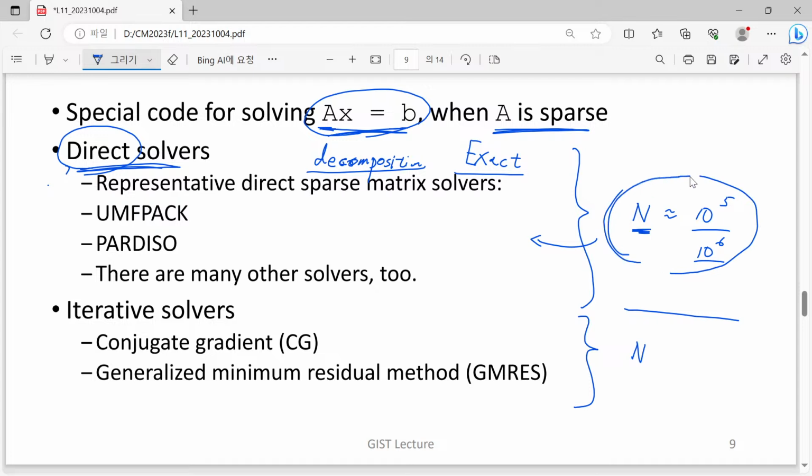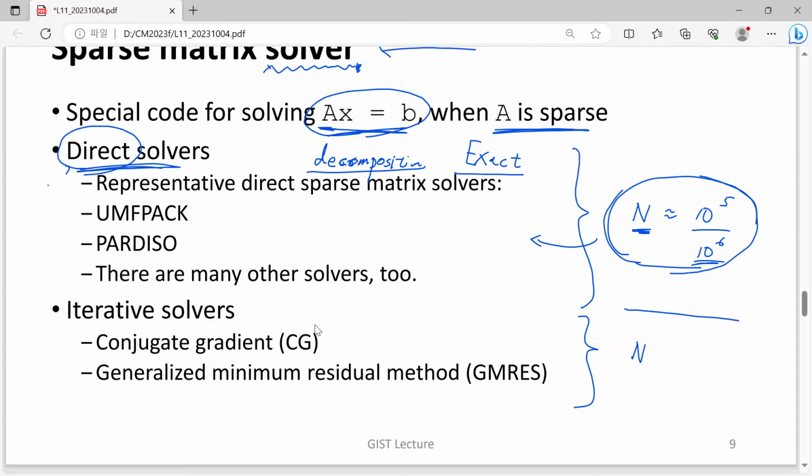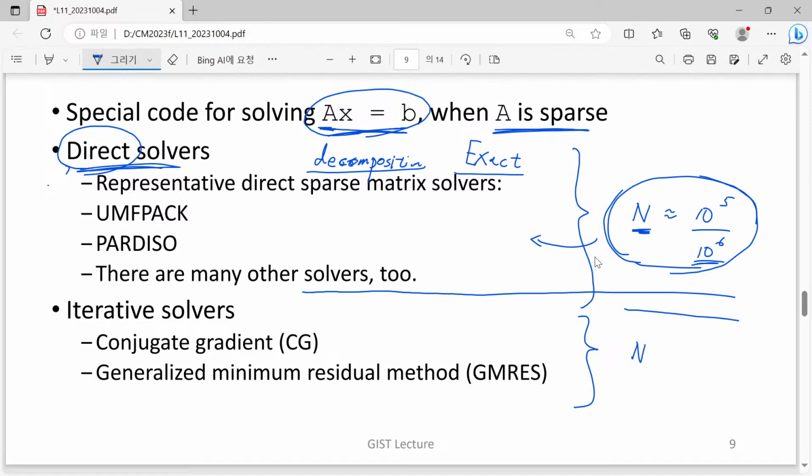At least it can calculate the solution. However, beyond that, it is not possible. If we have several million, 100 million, or billion cases, then there is no way to calculate our solution from direct solvers. Then we have to switch to iterative solvers.